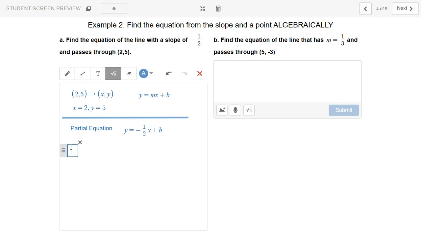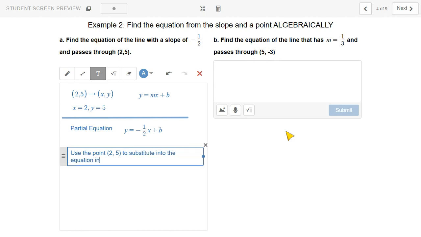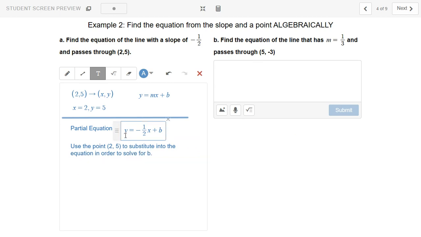Now we're going to use the x and y point and substitute it into the equation to solve for b. So everywhere I see the y, I'm going to put a 5. Everywhere I see an x, I'm going to substitute it with a 2.